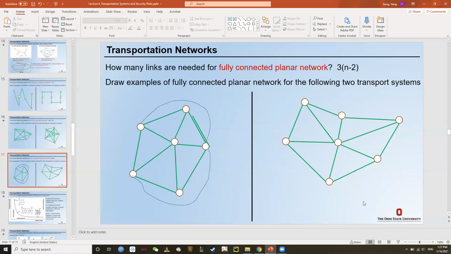Okay, here we go. Now we have 1, 2, 3, 4, 5, 6. 1, 2, 3, 4, 5, 6. Well, 12 links, right?